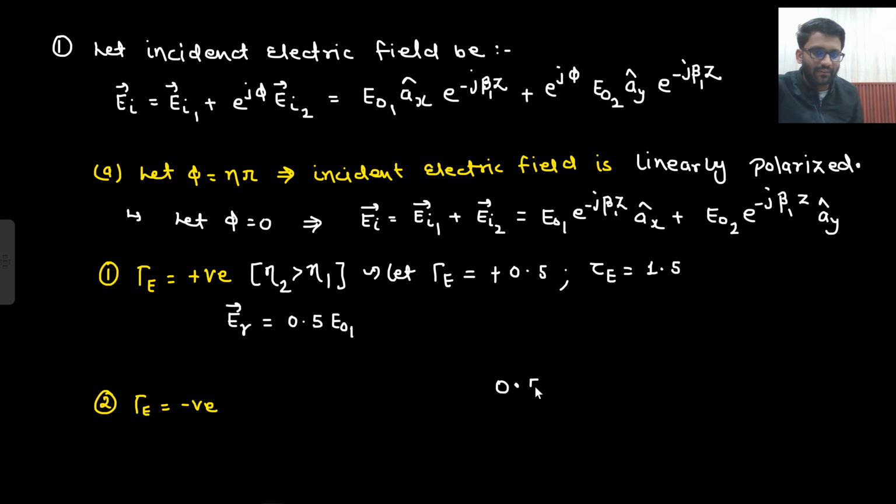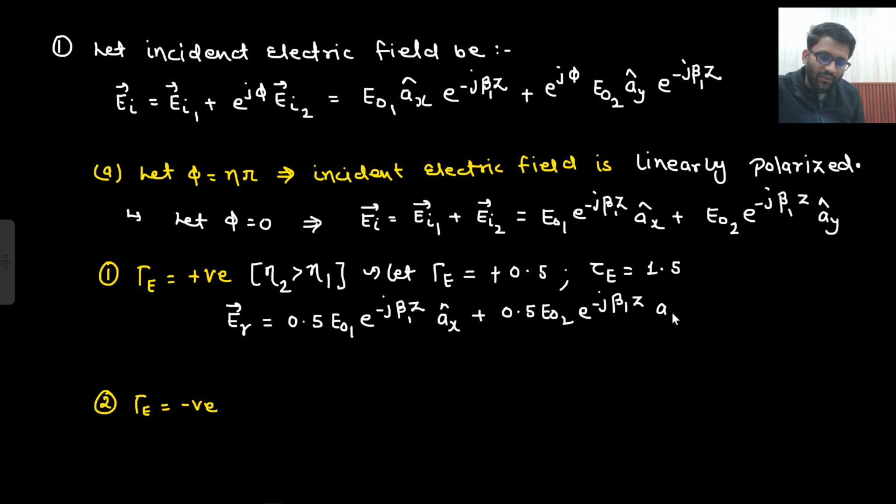Let's just say it was having some phase, e to the power j phi. So now the phase phi would have been multiplied here. Are you getting this point? But as of now, there is no phase. So e to the power minus j beta 1 z a_x plus 0.5 E naught 2 e to the power minus j beta 1 z a_y.